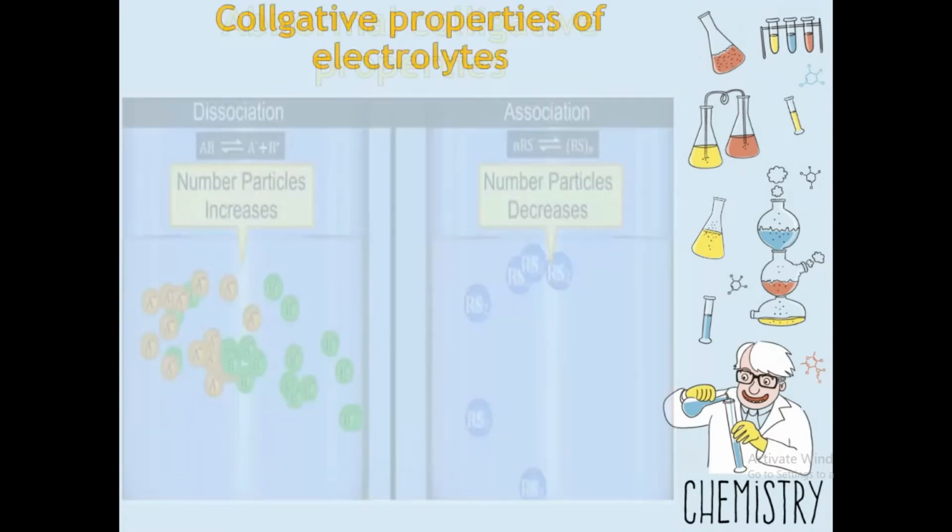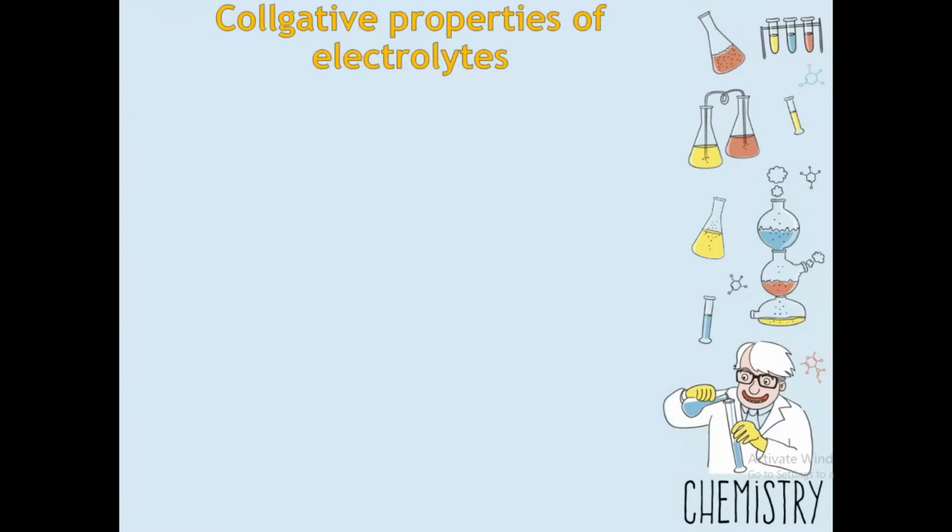So, the study of colligative property of electrolytes, however, requires a different approach than that used for the colligative property of non-electrolytes. Following are the experimental observations for colligative properties of electrolytes.